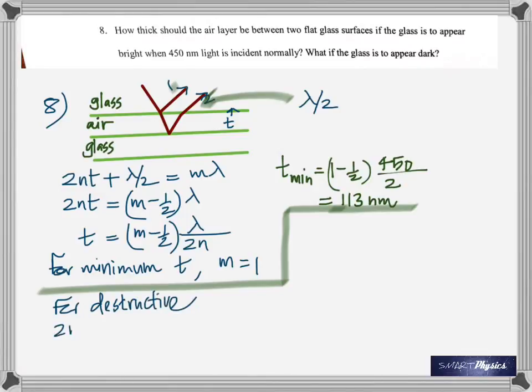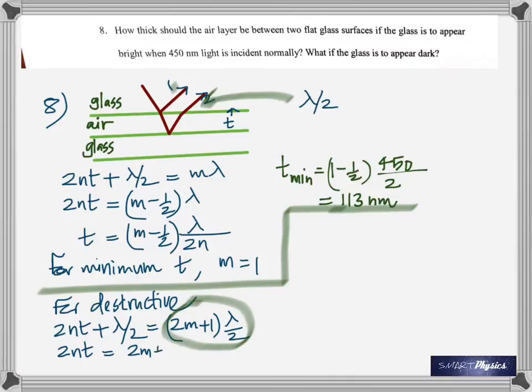And then the question has the second part. It says, what if the glass is to appear dark? So now you say the condition for darkness, which is 2m plus 1 lambda by 2. That's the same as m plus half lambda.